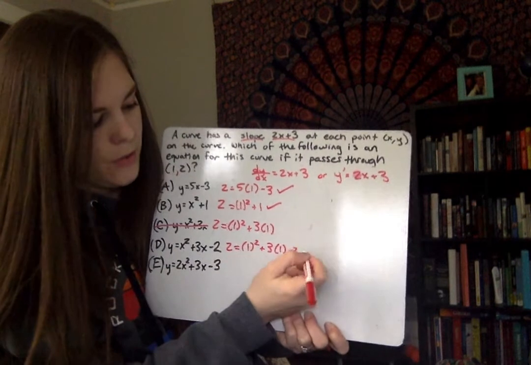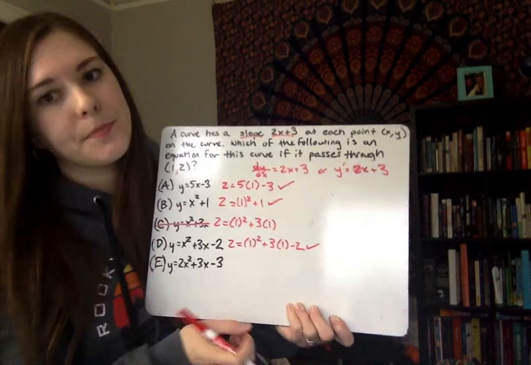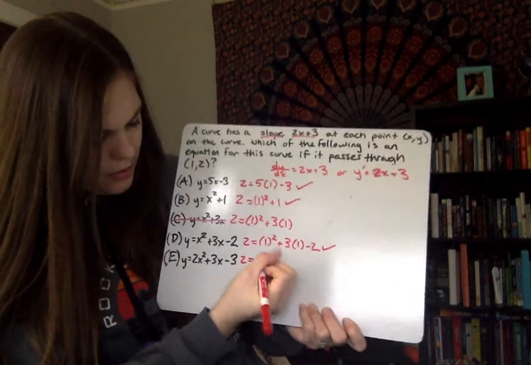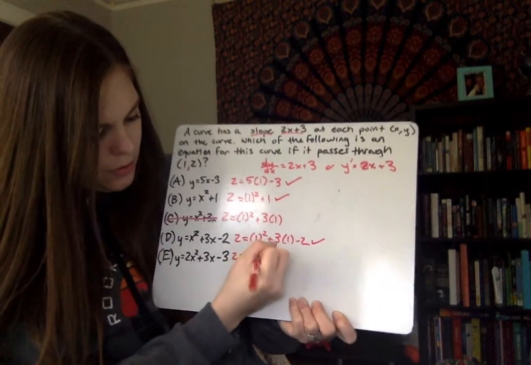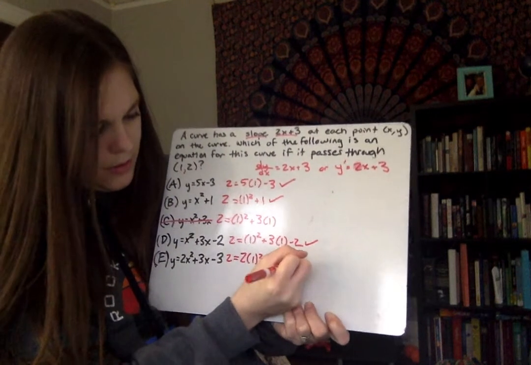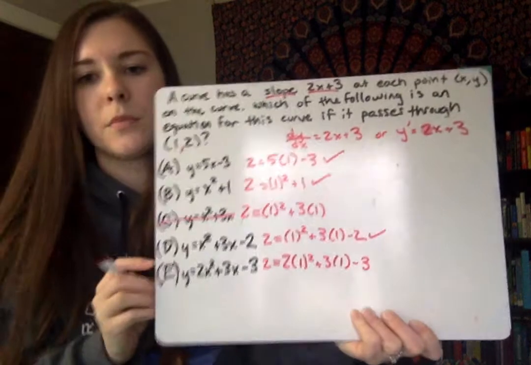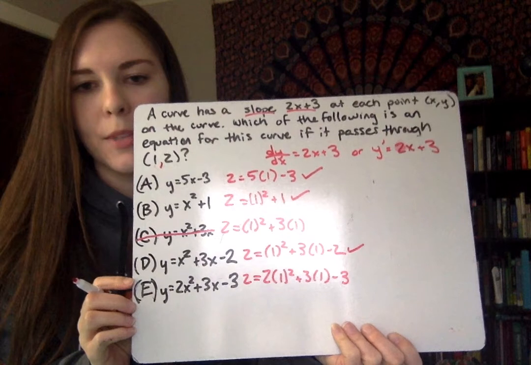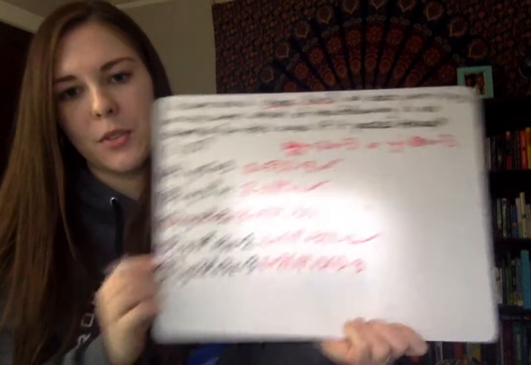So that does work for us as well. And our last one, 2 equals 2 times 1 squared plus 3 times 1 minus 3. Okay, so 2 plus 3 is 5, minus 3 is 2, so that one works as well.